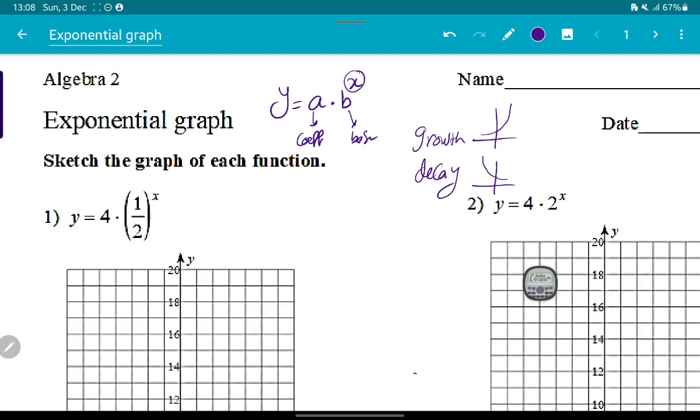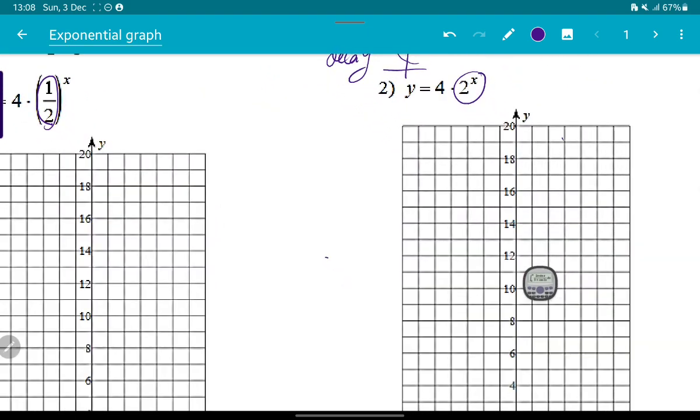If our graph is growth, as you see, when the b is greater than 1, this will be growth. So for this example, we expect our graph to be growth.